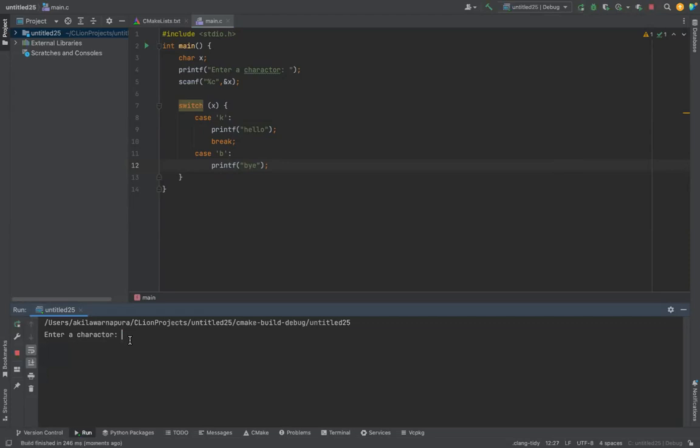Let's say the user enters any other character, Y. Nothing will be printed because there is no default case available. Let's add a default case: default, printf, let's say, invalid character or something.